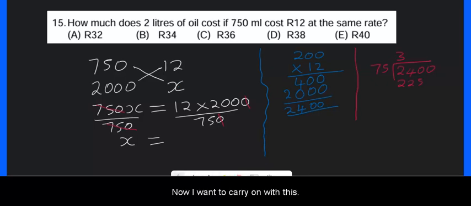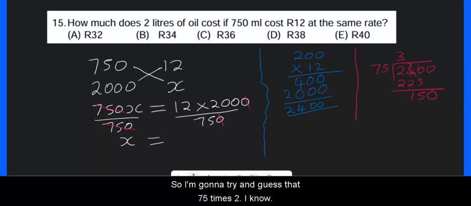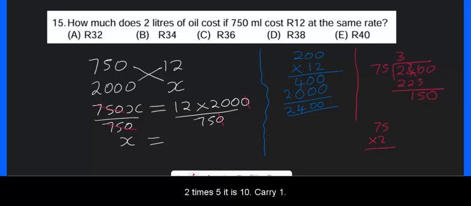Now I want to carry on with this. I need to borrow 1 from this one, then I'm left with 3. I've got 10 there. 10 minus 5 is 5. 3 minus 2 is 1. 2 minus 2 is 0. Then I bring that down. I'm going to guess 75 times 2. 2 times 5 is 10.